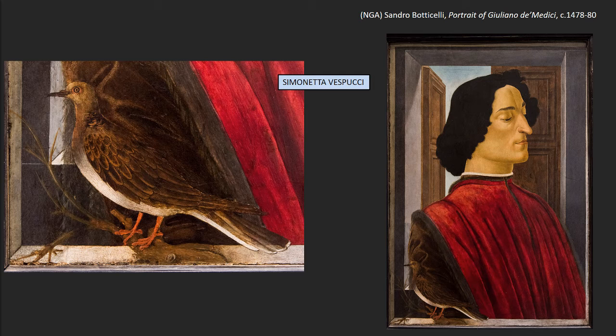Now, the subsequent death of Giuliano is one of the great scandals of the 15th century. It's an amazing story, the death of Giuliano de' Medici. It was a conspiracy against him.